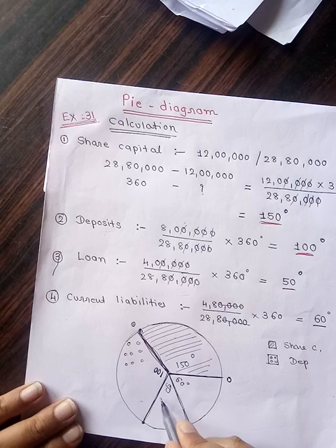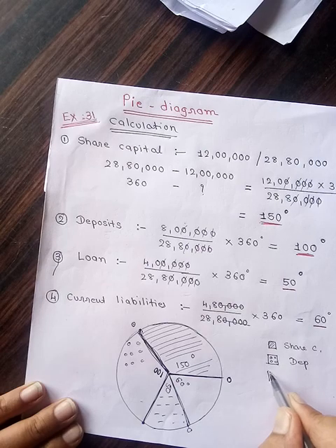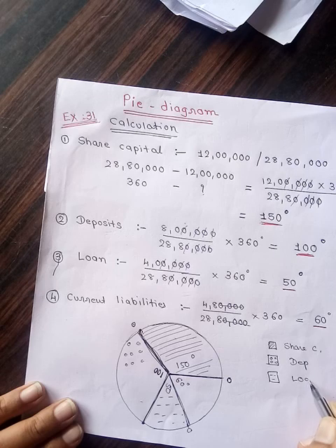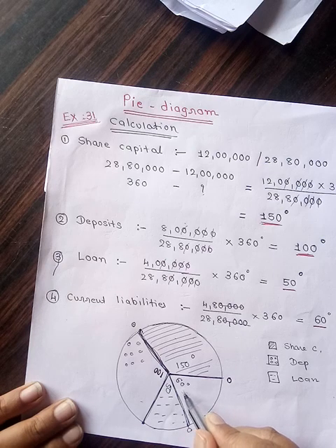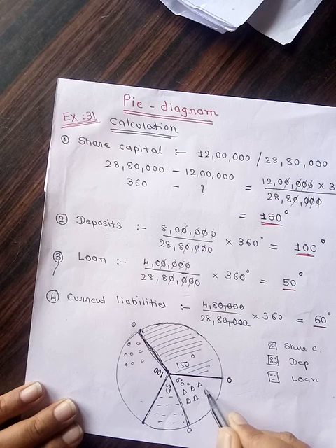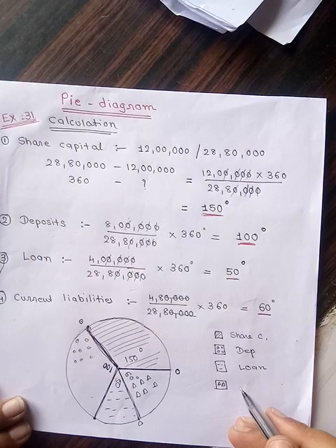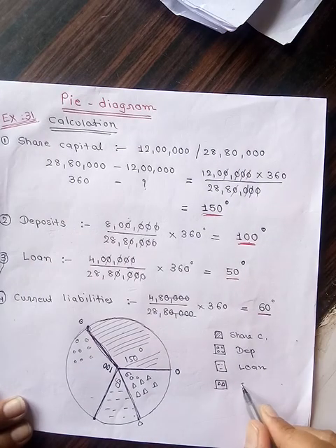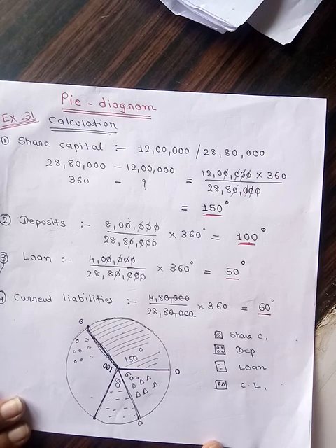In the same way, use another design, suppose I am using dots, then that dash is 50 degrees and that is loan. And this last one, 60 degrees, again let us use another design. Suppose I am using triangles. Then the fourth scale is of triangles and that is current liabilities. Like this you will be writing the scale. I hope it is clear.